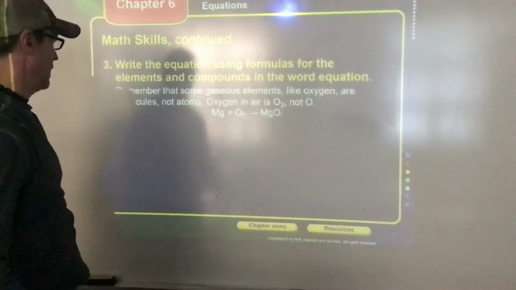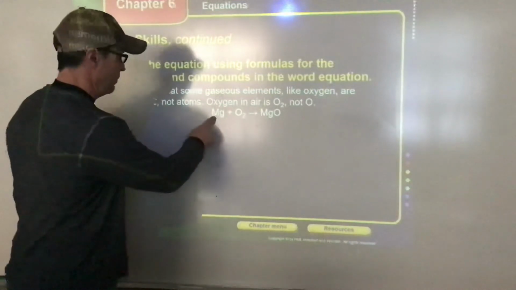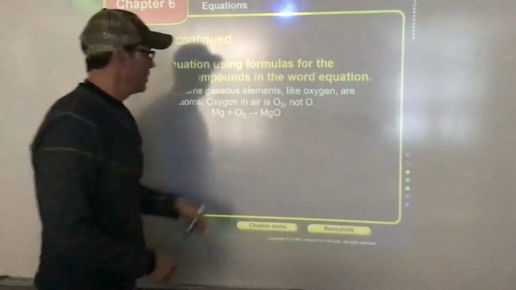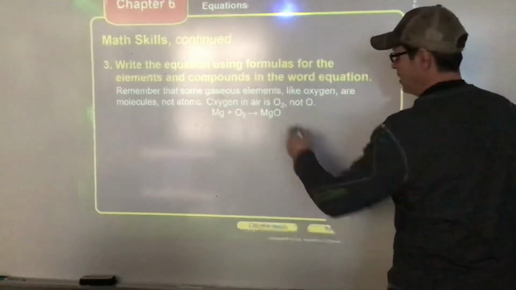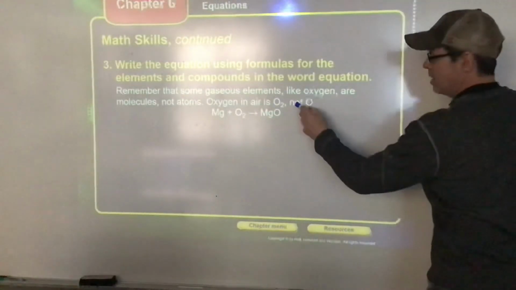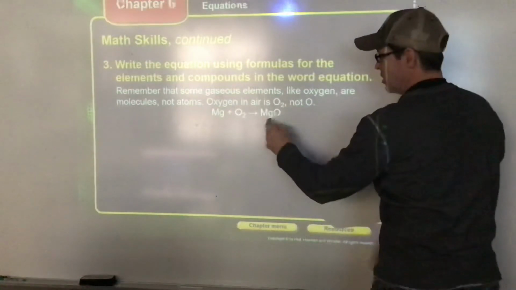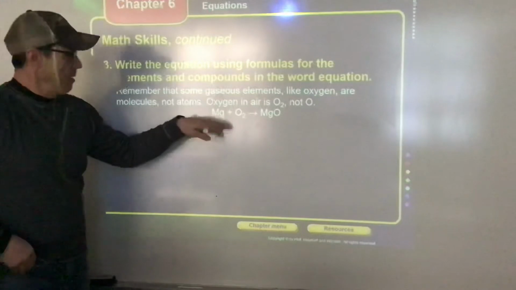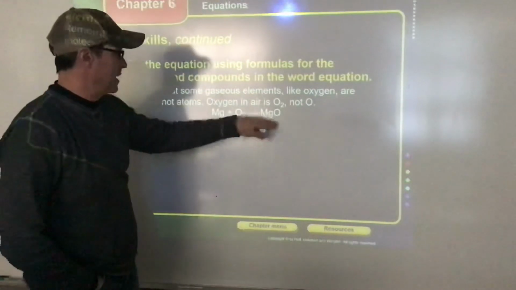So here's what it would look like. Magnesium, which we know, plus oxygen, which we already know pairs up as O2. But if we were to do the old crisscross method, we'd have Mg2 plus and O2 minus. We crisscross, they cancel, and this is what it looks like, okay? So we know magnesium plus oxygen gives us magnesium oxide.